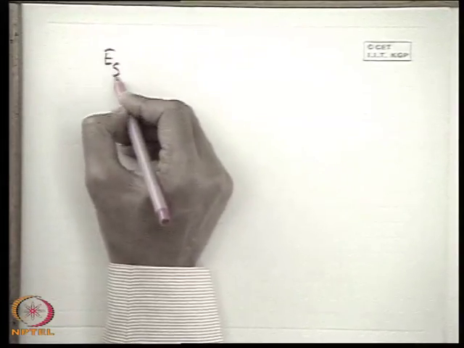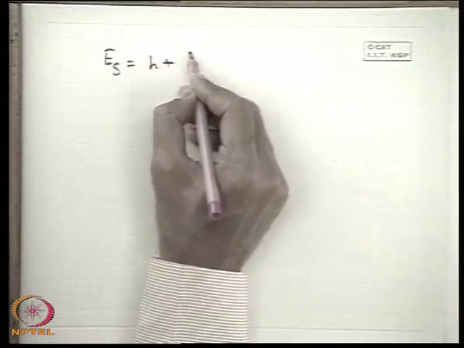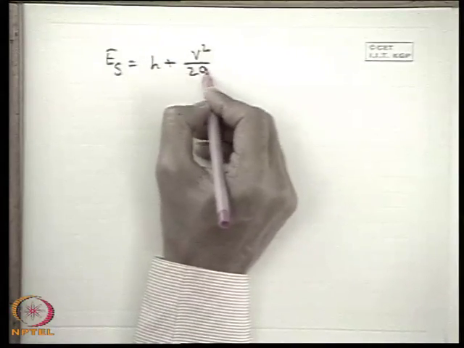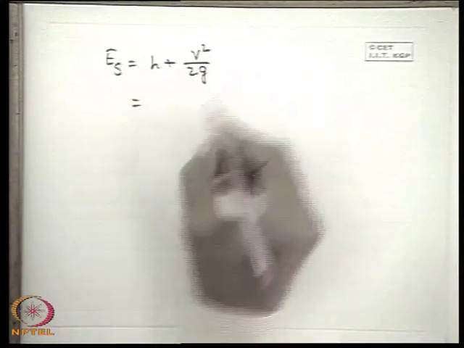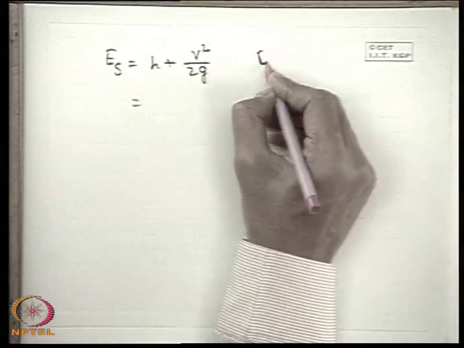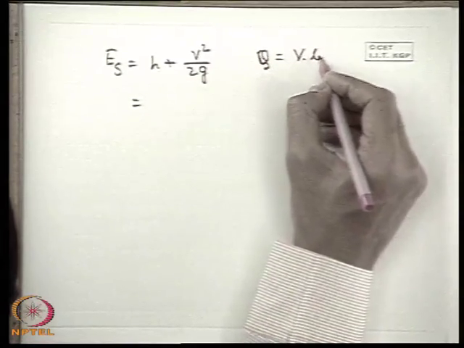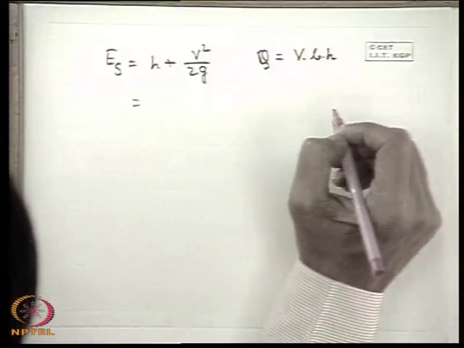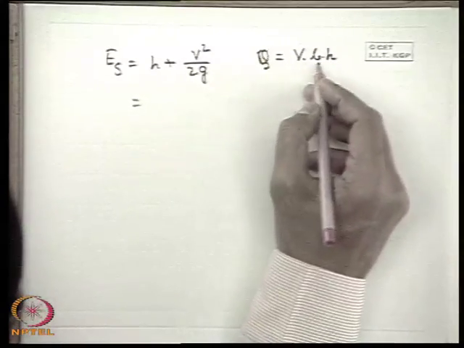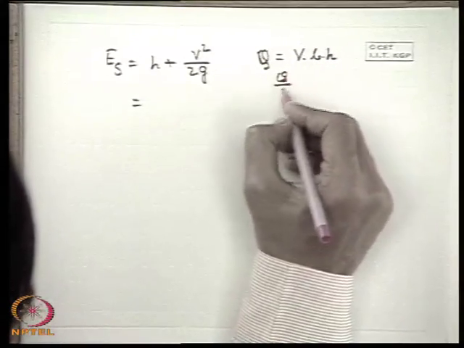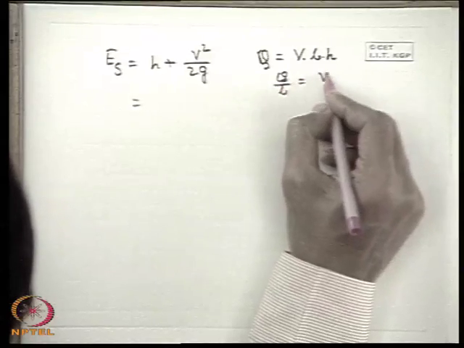So with that, if I write ES is equal to H plus V square by 2G, then I can go one step further with the definition that Q, the flow rate, is equal to V into the width of the channel B into the height, that is the depth of flow. So we can write that Q by B is equal to VH.